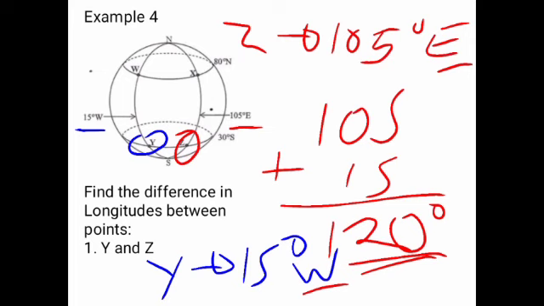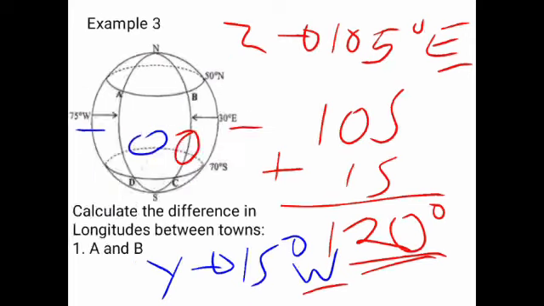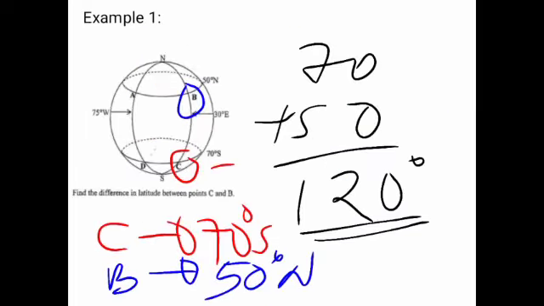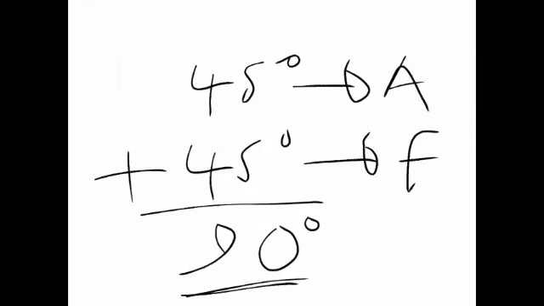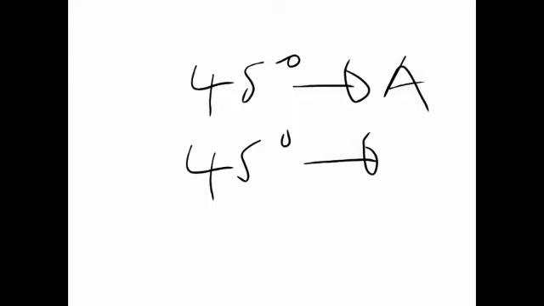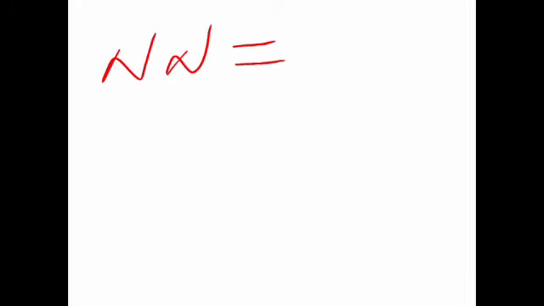In conclusion, I would say, when you're calculating the differences in degrees between latitudes and longitudes, here is what you have to keep in mind. When you have latitudes heading in the same direction, north, north, this should remind you to subtract them.